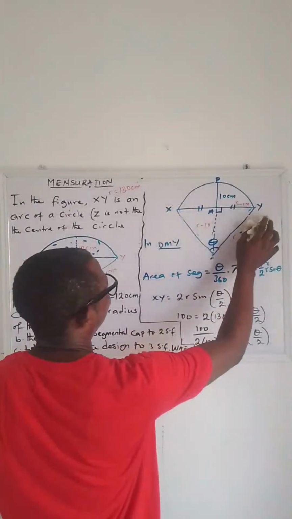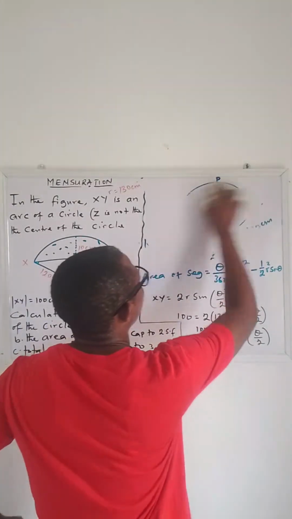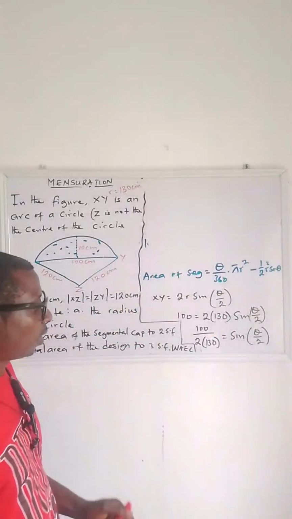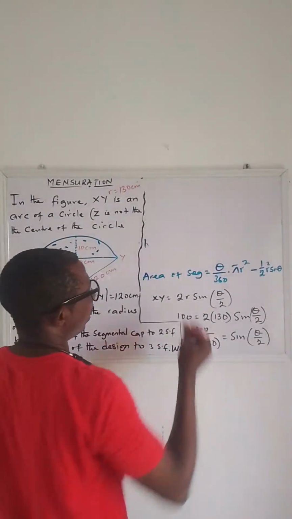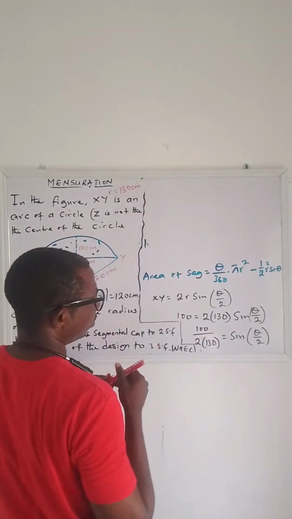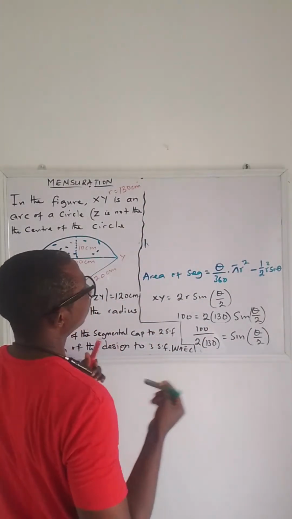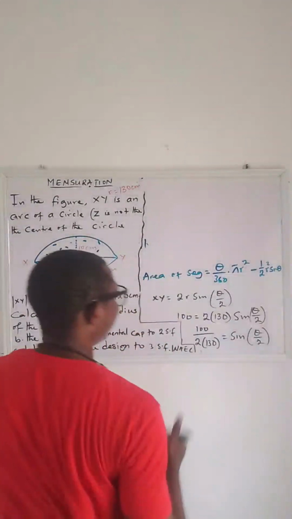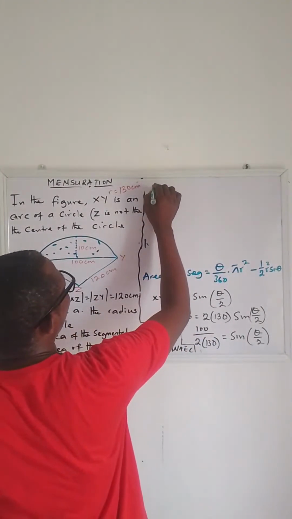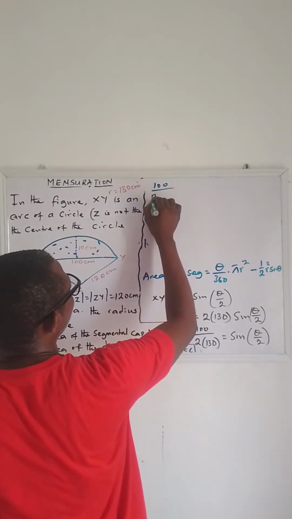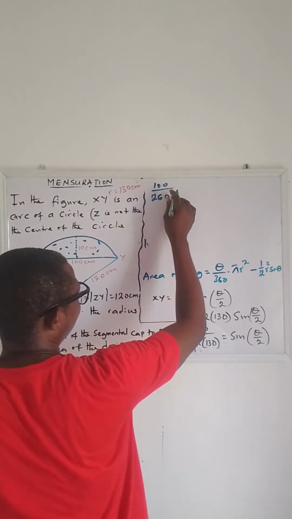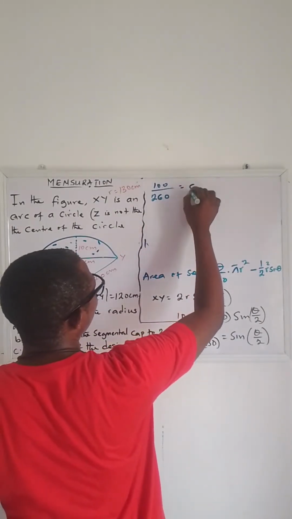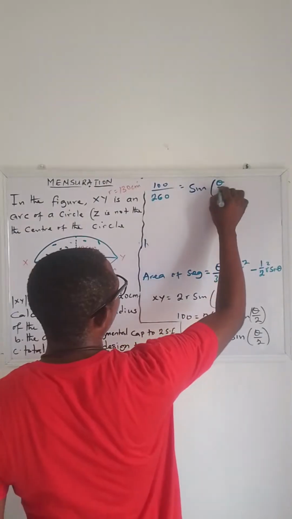So let's clean the diagram here. So here we have 100 over 260, 100 over 260, okay, equals sine theta over 2.